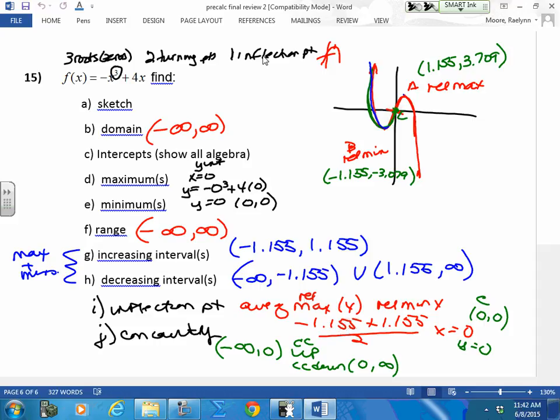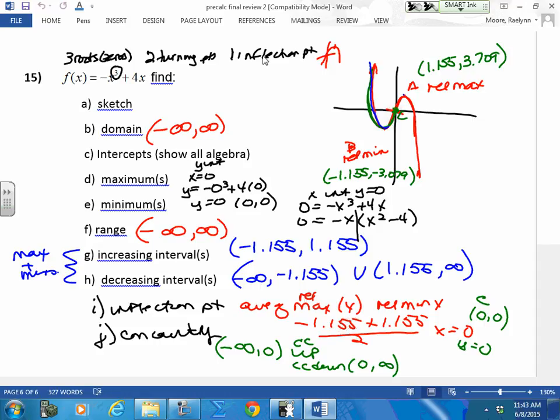Then I'm going to solve my x-intercept. Set y equal to 0. This is going to force me to factor this guy. So what do both terms have in common? So if it's easier, take out the negative x to leave your first term positive. So it's going to be x squared minus 4.